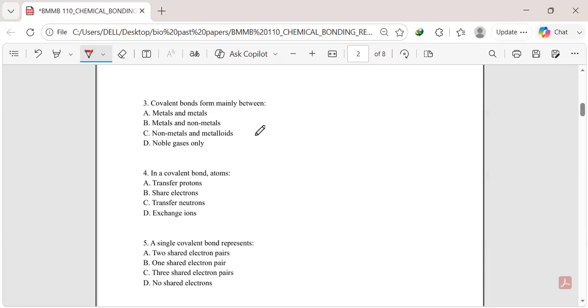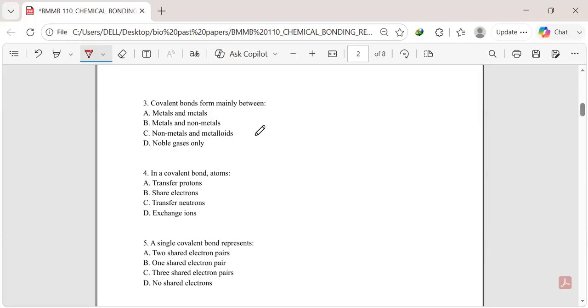So when you talk about covalent bonds, a covalent bond occurs when two atoms share electrons to achieve a stable configuration. Okay, so this typically happens between elements with similar high electronegativities.